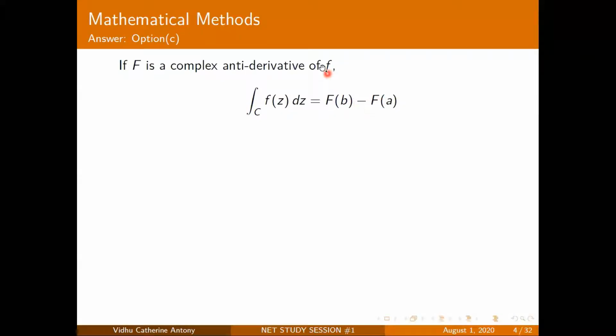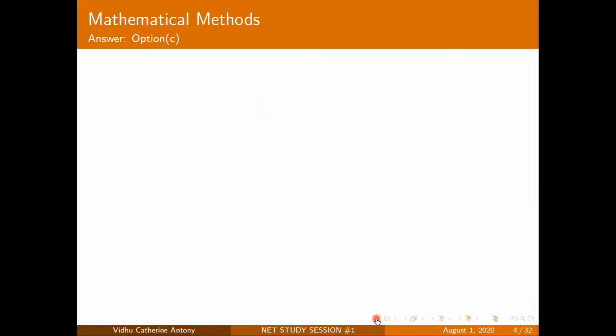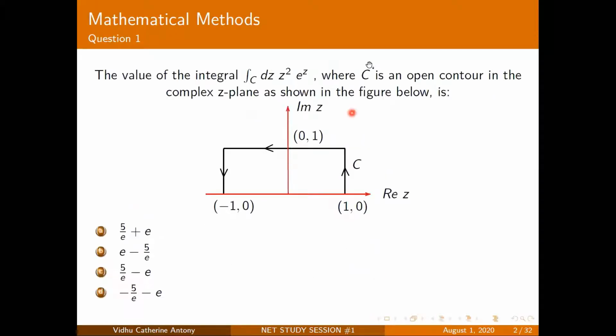Let's go back to the figure. This is the starting point A and this is the end point B. You evaluate the antiderivative at A and at B. So if I want to compute this integral, all I have to do is: the integral over C of f of z dz is equal to F of b minus F of a.